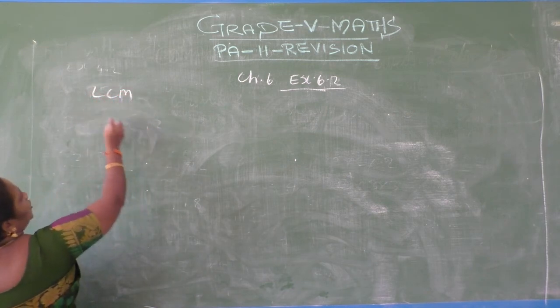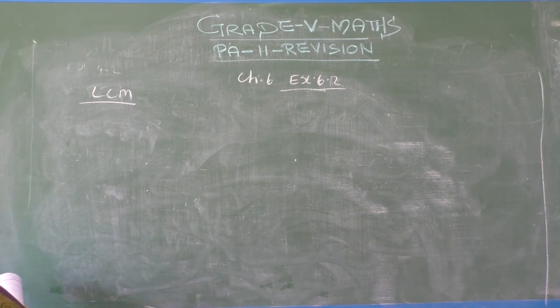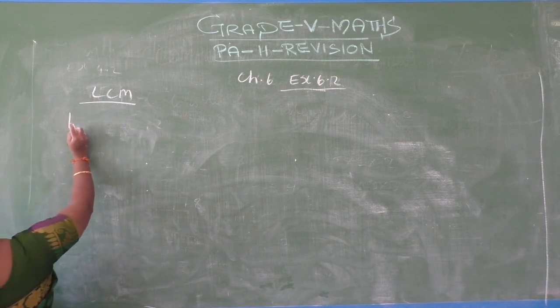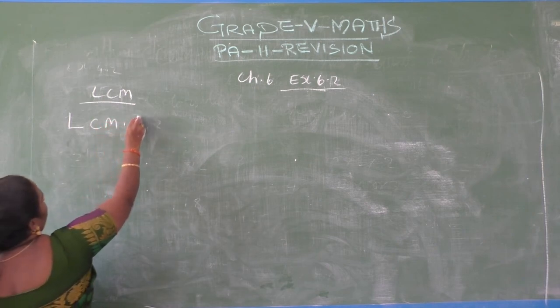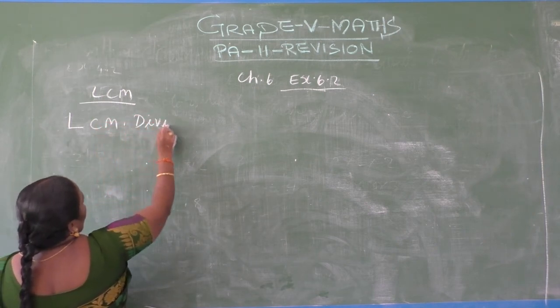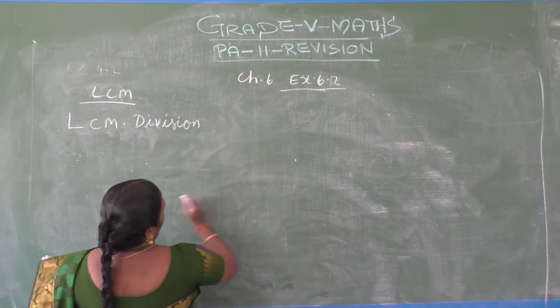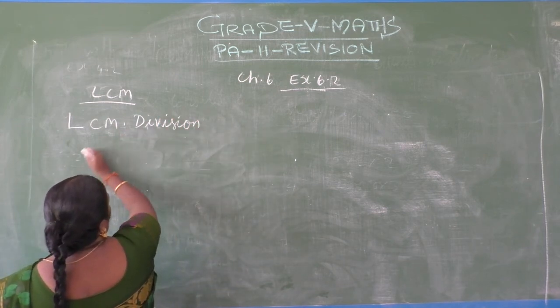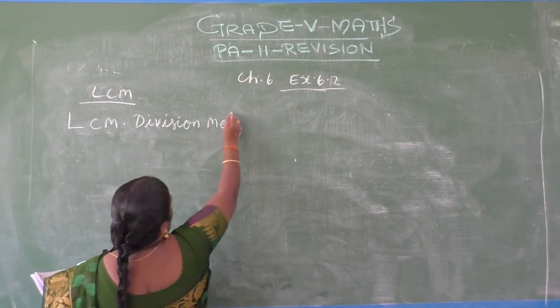LCM means least common multiple. In this also prime factors, LCM by division method is the important one. LCM by division method. The remaining methods you have to revise at your home. I will revise the important things only. Division method.